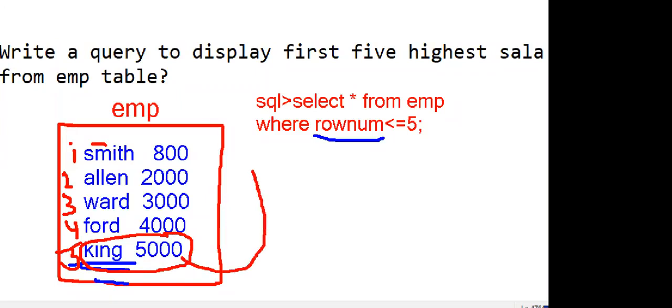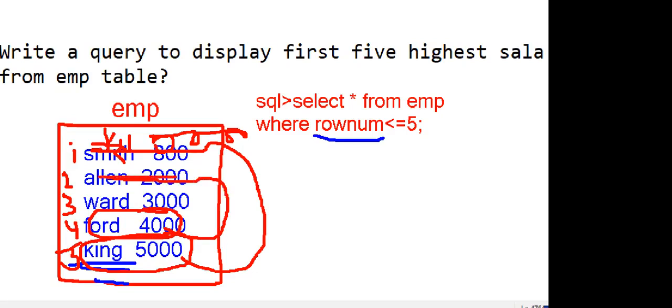King is rearranged and placed in Smith's place. Now here King, 5000. Again, identify the second highest salary employee and rearrange the data in place of the second row, and the third row the same way. That's why we rearrange the data from highest salaries to lowest salaries.